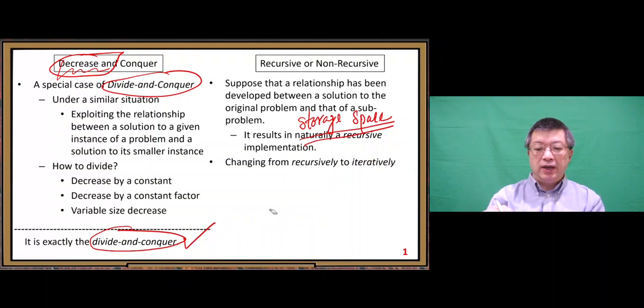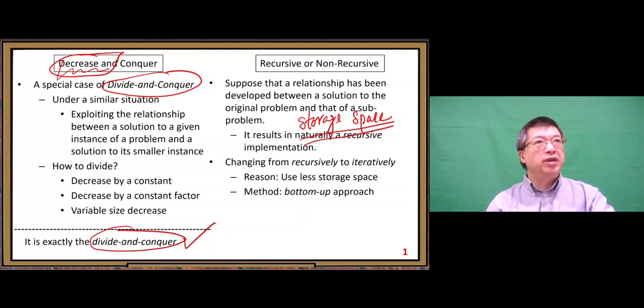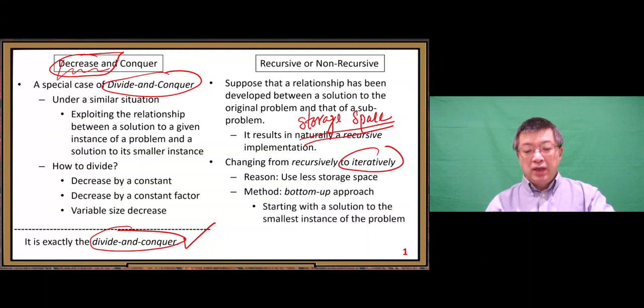So here you want to save storage space. The method typically used: how do you change a recursive implementation to a non-recursive, iterative one? More specifically, you use the iterative, bottom-up approach.